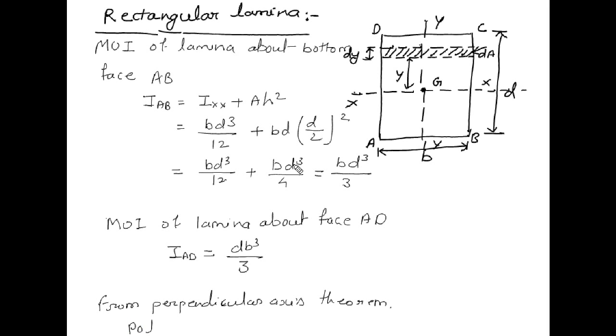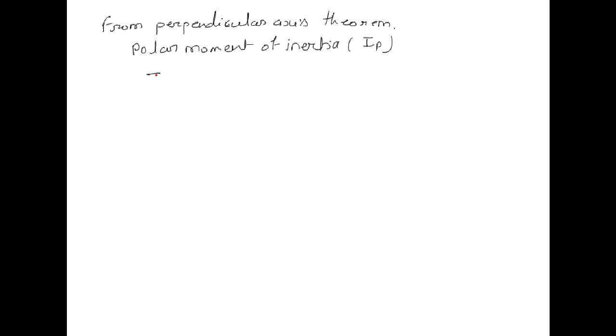The polar moment of inertia is denoted by IP. So this polar moment of inertia is basically the inertia about the polar axis, and this polar axis is basically an axis which passes through the centroid of the lamina, and it is also perpendicular to it.